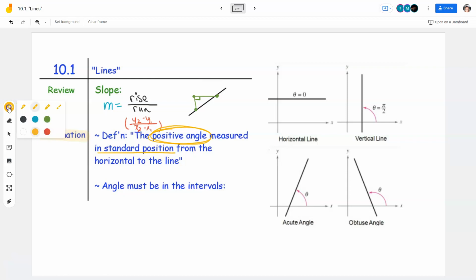Angle must be in the interval. Could be 0. If it's an angle of 0, what's true? If my incline is 0 degrees or 0 radians, what's true? Straight, as in, technically all lines are straight. But I know what you're saying. It could also be known as 180, but there's a better way of thinking about it.